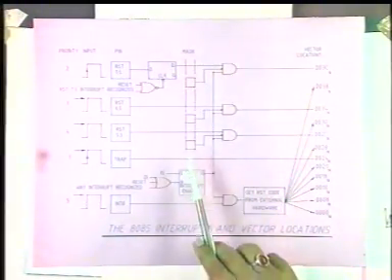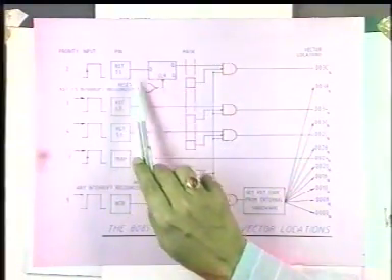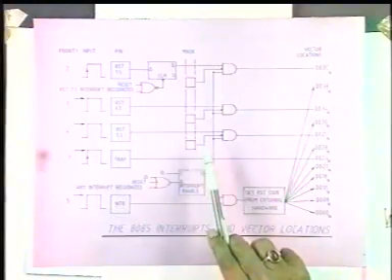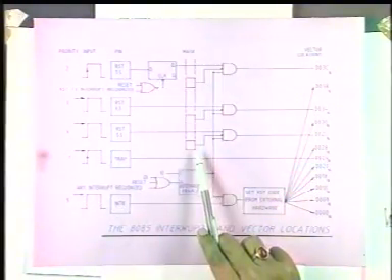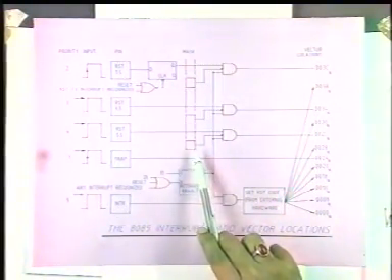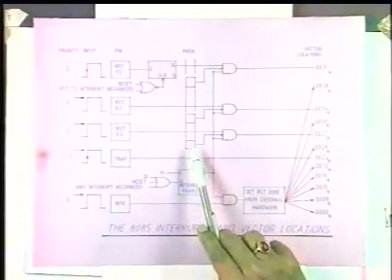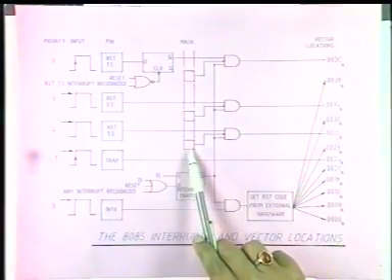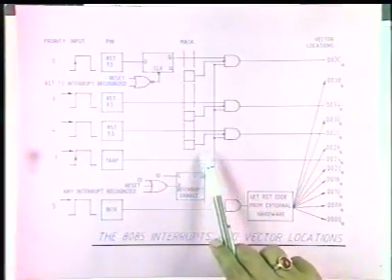And then we have another, what I show here in the mask. These are the mask registers which are inside the CPU and which can be set by using special instructions called set interrupt mask, SIM, or can be read by RIM, which is called read interrupt mask.